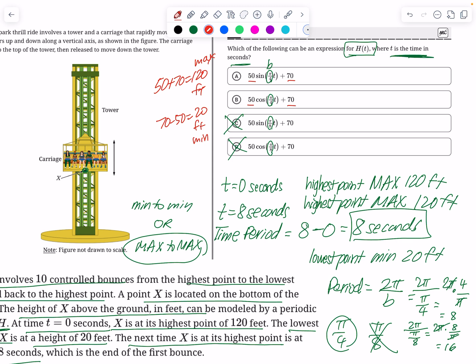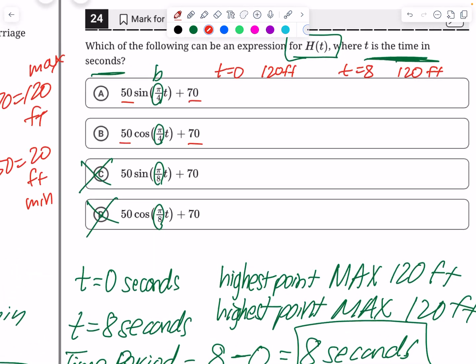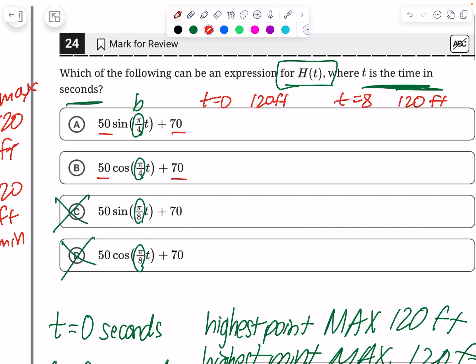Okay, now when you plug in the numbers for these expressions, when t equals 0, we have to have a result of 120 feet. And when t equals 8, we have to have the result of 120 feet. Most of this might be done mentally, but I'm just going to show the work to see what's going on. So we plug in t equals 0.